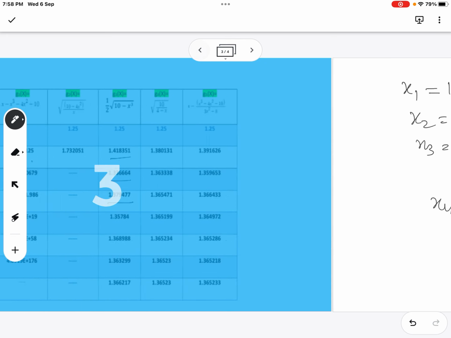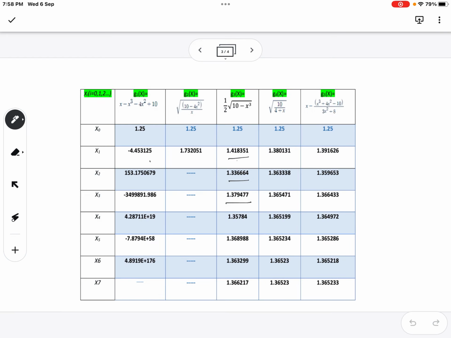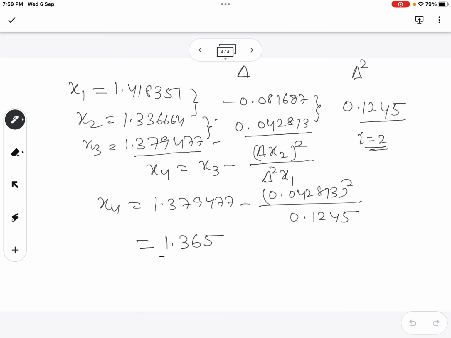And as we can see here, the root correct to 3 decimal places is 1.365. So here I have got it in only the fourth step.